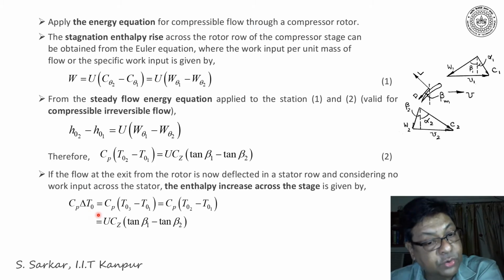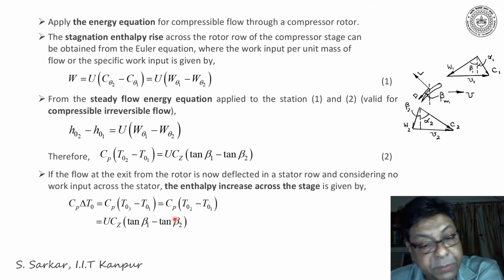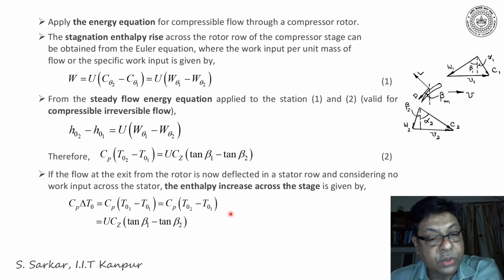across the stage, would be equal to Cp into T03 minus T01, that is equal to Cp into T02 minus T01, that is the temperature rise across the rotor, is equal to U into Cz within bracket tan beta 1 minus tan beta 2.